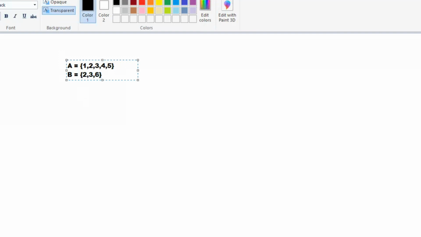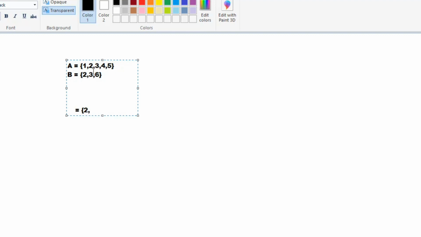In this, the intersection will be the common elements. And what is common in this? 1 is present in A but not in B, so we will not write it in the final set. 2 is present in A and also in B, so we write it in the final set. We get one element, 2.